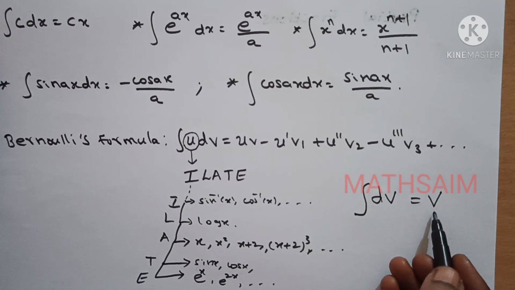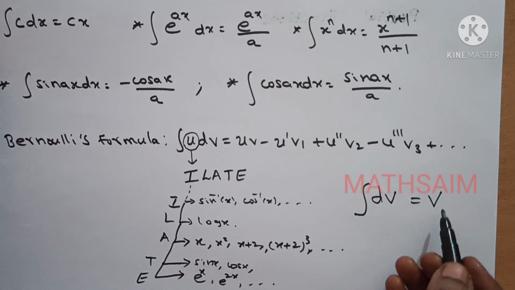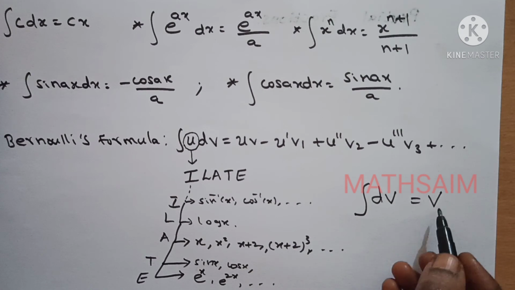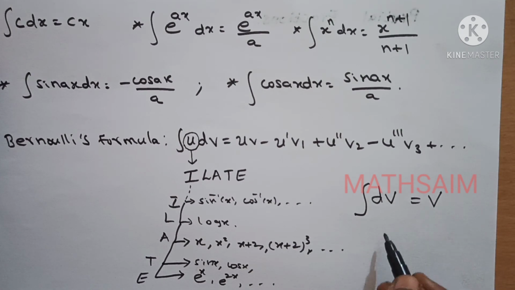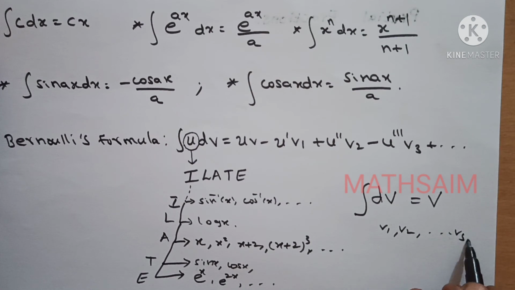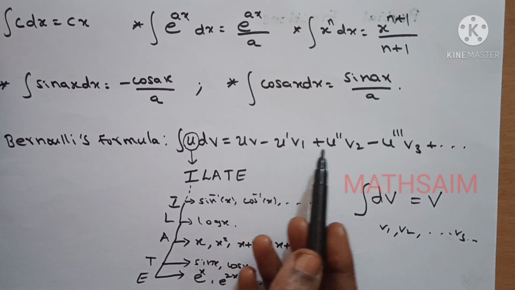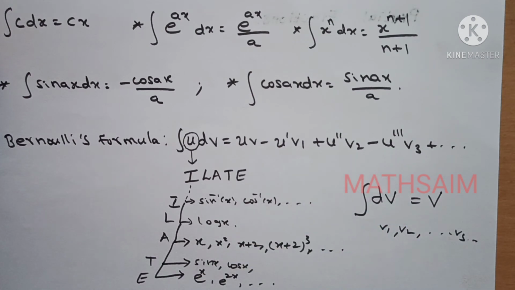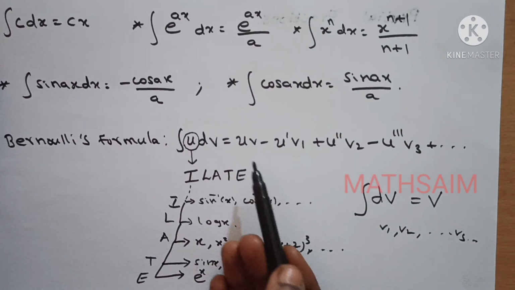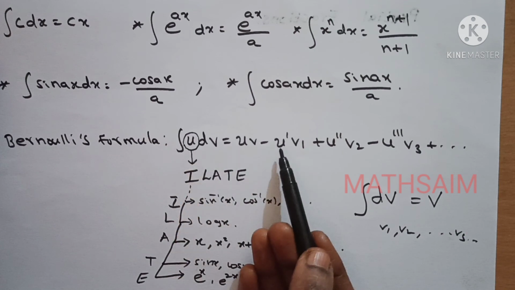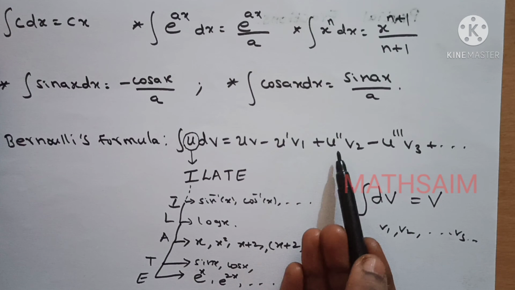If you know v, then you can easily find v1, v2, v3, because successive integration of v is going to give v1, and then integration of v1 will give v2, integration of v2 will give v3. That's all. Like that, u dash, u double dash and u triple dash are successive differentiation. If you know u, then differentiating once will give u dash. If you differentiate that u dash, you will get u double dash.